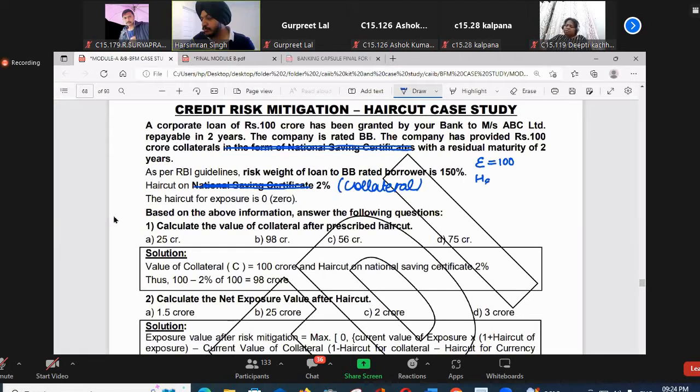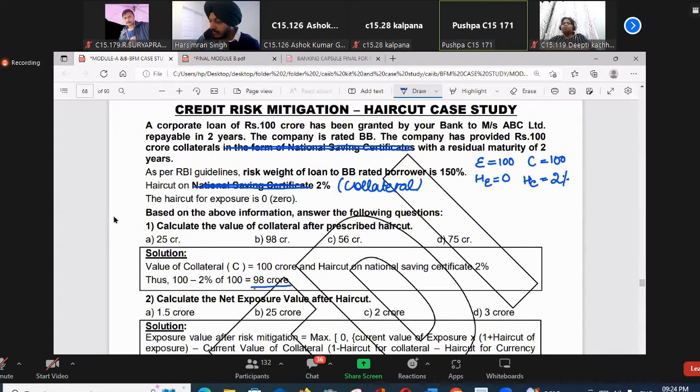Haircut on exposure is 0. Collateral is 100. And haircut on collateral is 2%. So in this case, if the collateral value is 100 crore, haircut is 2%. What is the value of collateral after adjusting for haircut? 98. 98 crore. Is that clear? Yes, sir. Remove 2%.